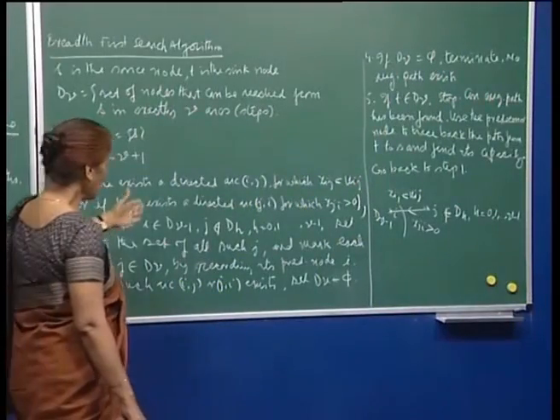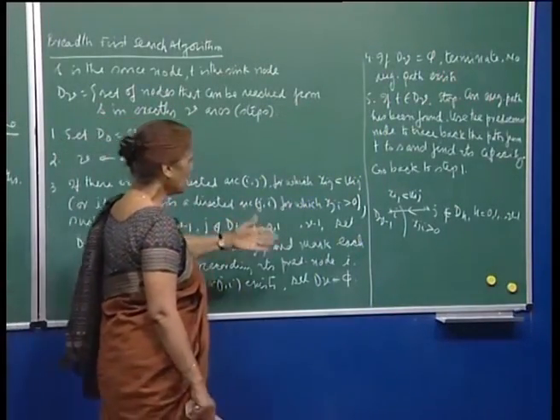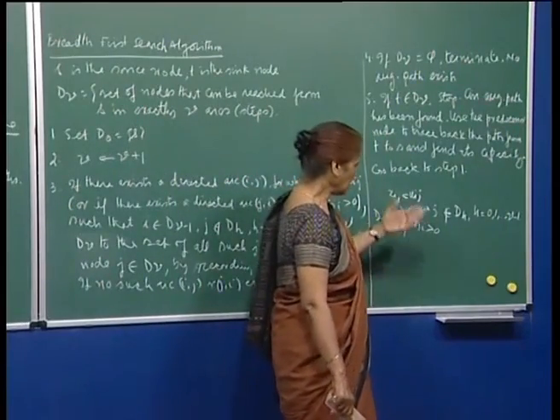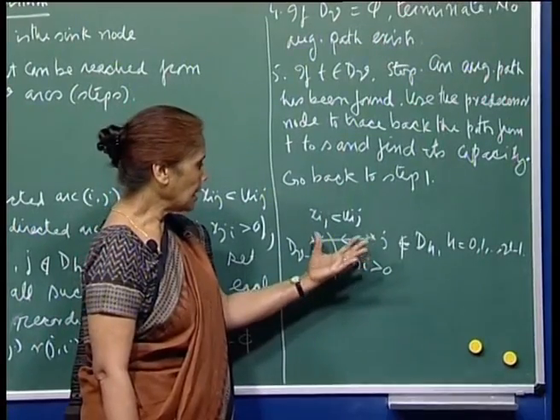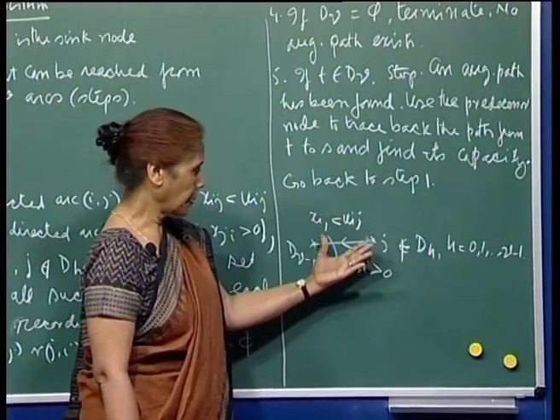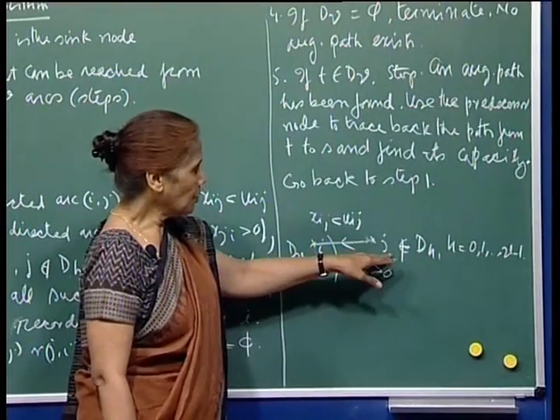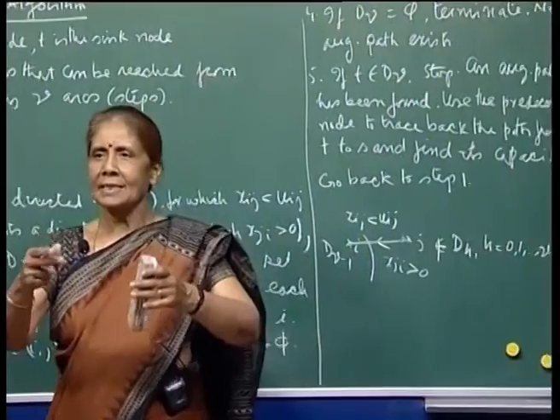Essentially, from node i, we take all admissible arcs, and the corresponding nodes are put in the next set.